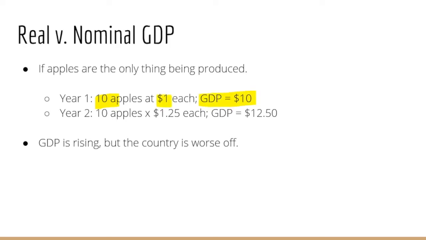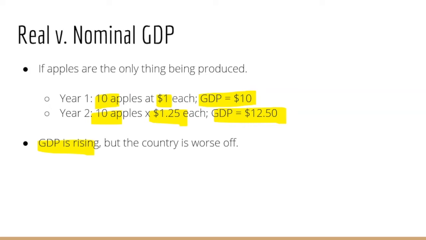In year two, we're still selling 10 apples, but now each apple is $1.25, and our GDP is now $12.50. So based on this example, we know that our GDP is rising, but the country is worse off. The reason is we're producing the same amount of apples, however, the apples now cost 25 cents more.